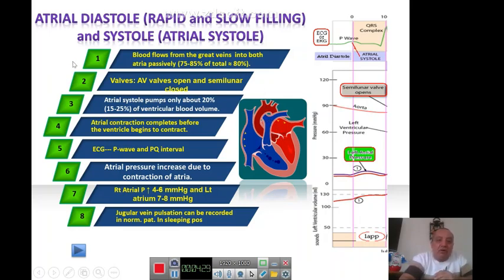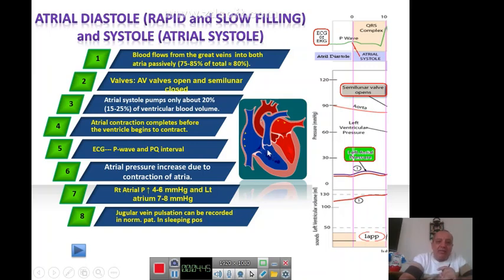So the valves, number two, valves, as we mentioned, mitral should be open, tricuspid should be open, because we need to move the blood from the upper part of the heart to the lower part, which is the ventricles.